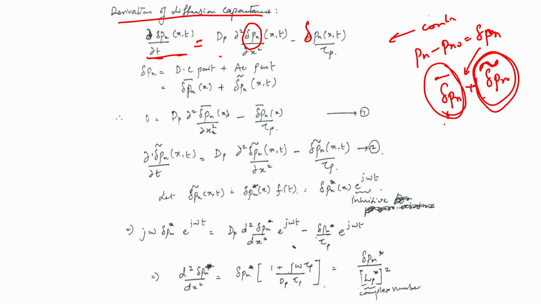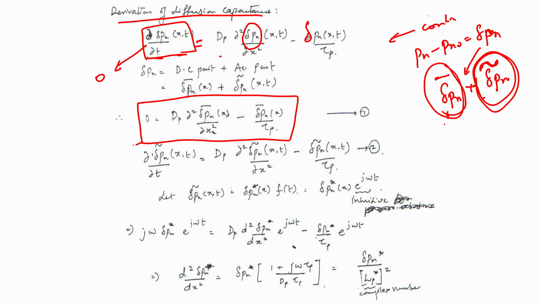Now I can split this continuity equation for the DC and AC part. For the DC part, the time dependence is all 0 and we are talking about steady state, and therefore this is the continuity equation that we have already looked at and solved. That is what we used for the current, there was no fluctuating voltage component there.